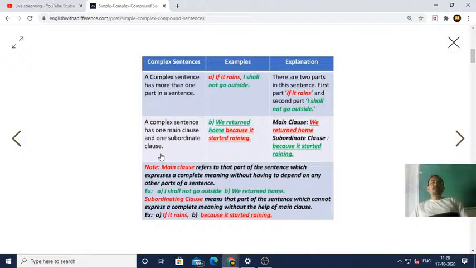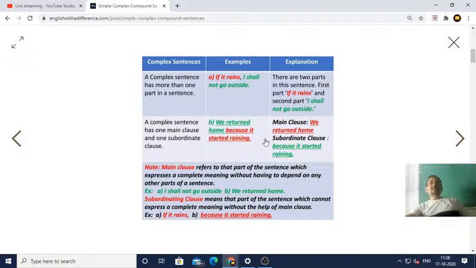Therefore, green is here main clause. But when I say "because it started raining," then it does not express a complete meaning. Why does it not express a complete meaning, dear students? Because there is a word "because" here, right? So "because it started raining" means there is another part which is missing.